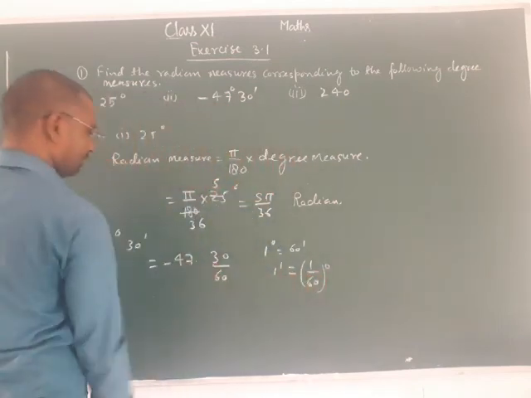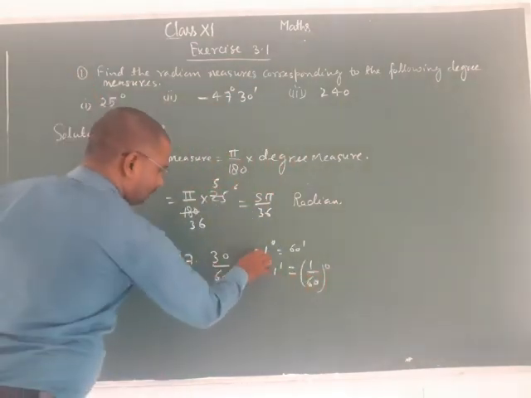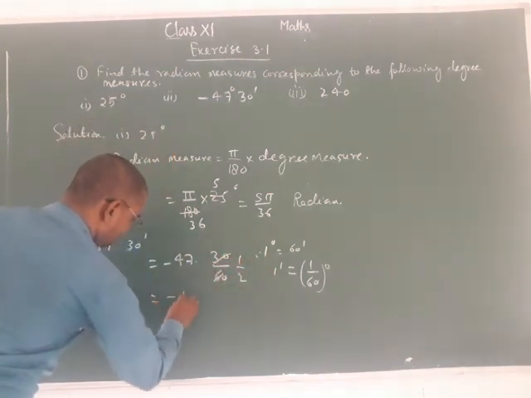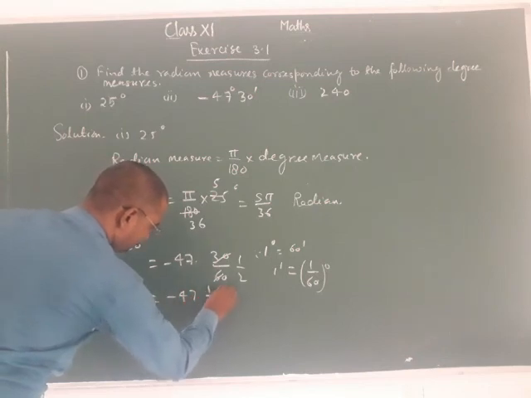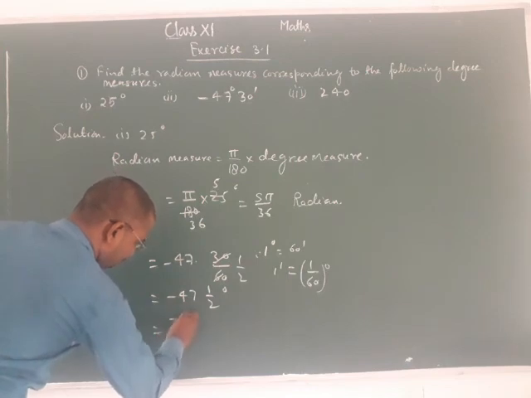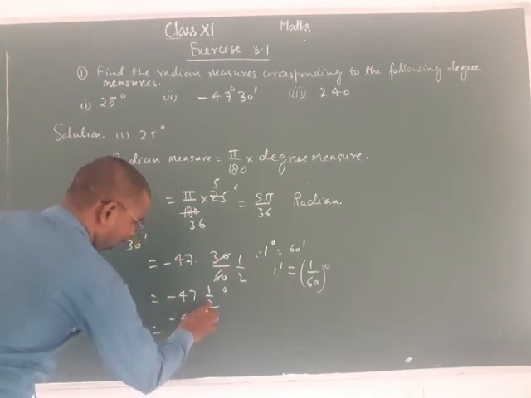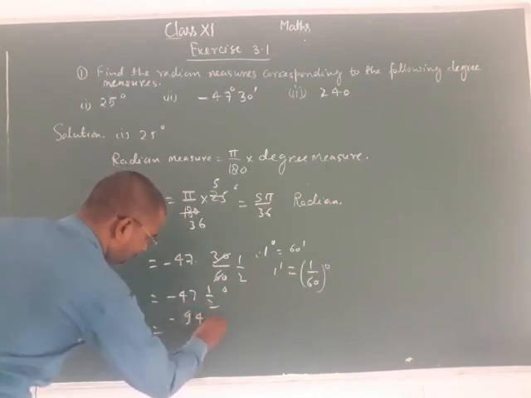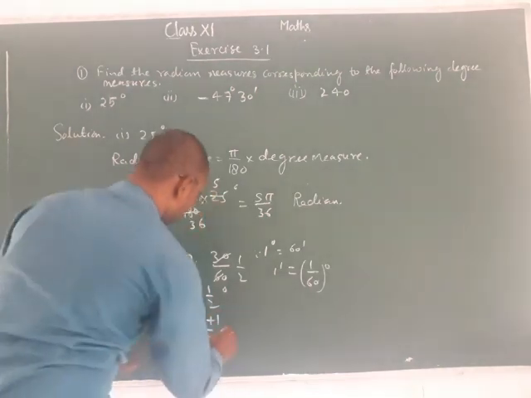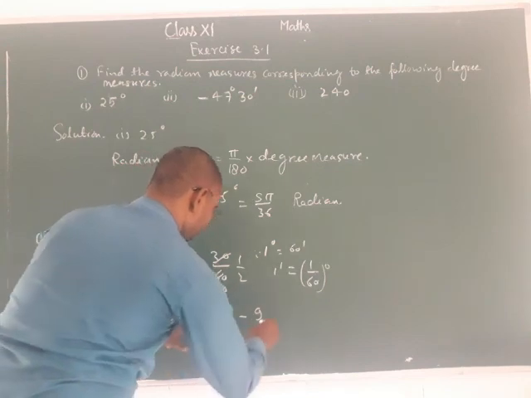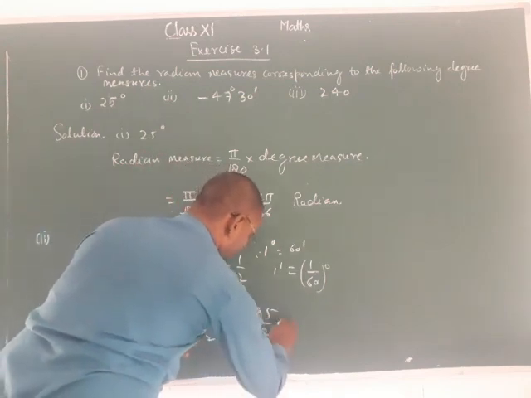So put here 1 upon 2. So minus 47 and 1 upon 2 degree. So minus 94 plus 1 upon 2, which is minus 95 upon 2.